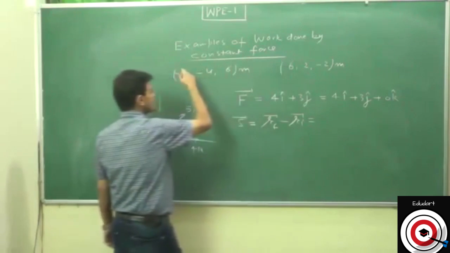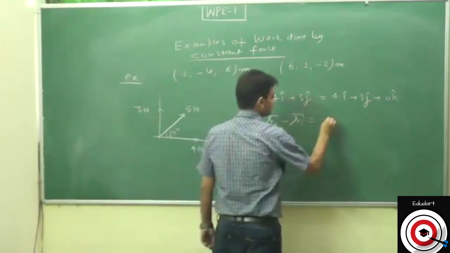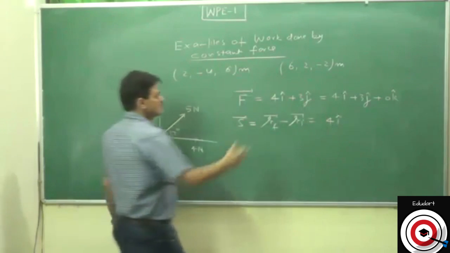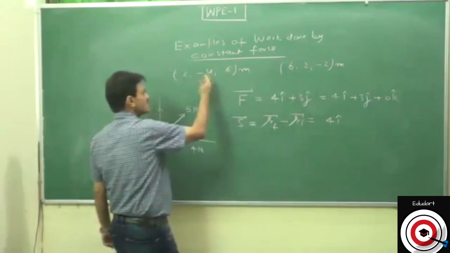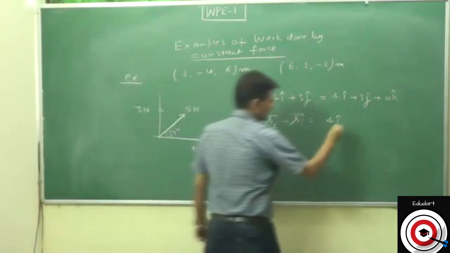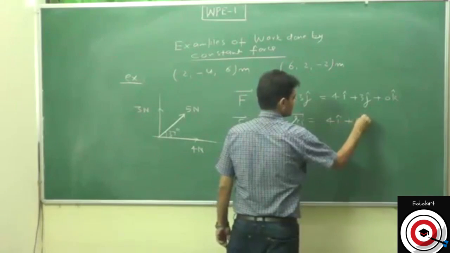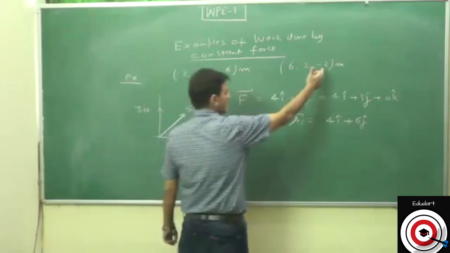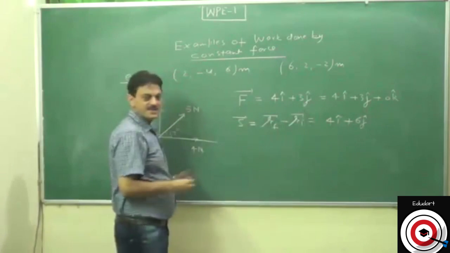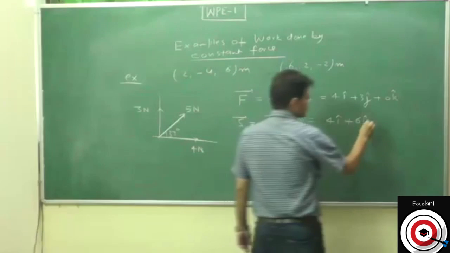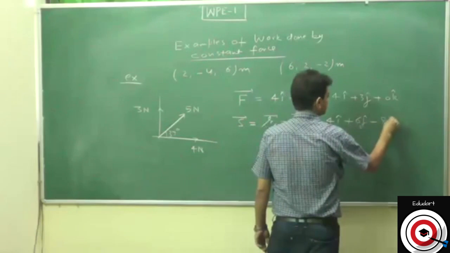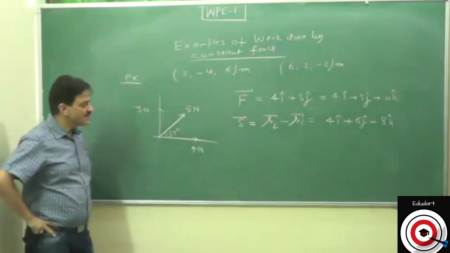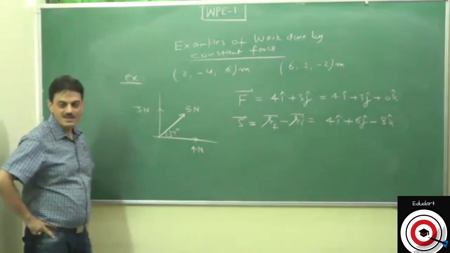So 6 minus 2 means 4i cap, minus of minus 4 plus 6j cap, and minus 2 minus 6 means minus 8k cap. So this is the displacement.